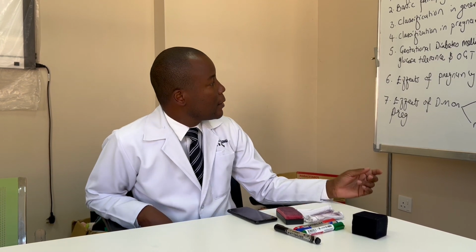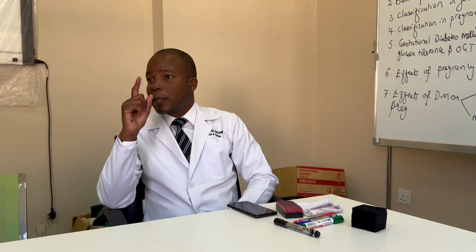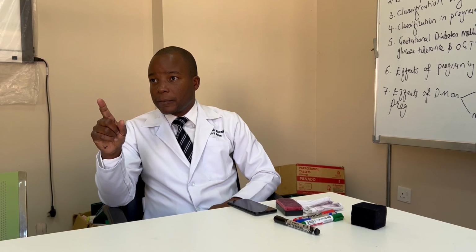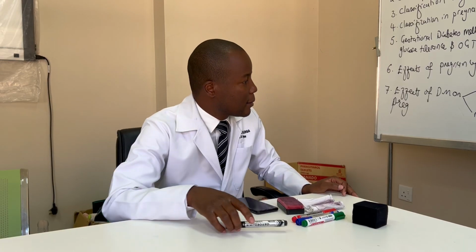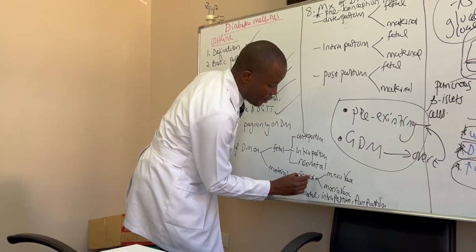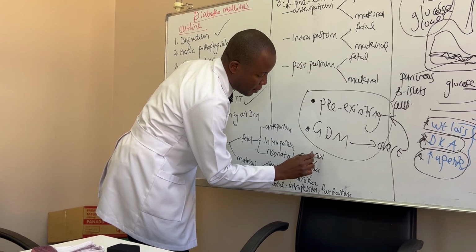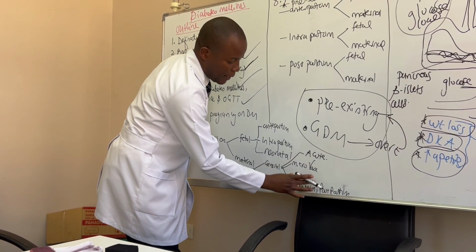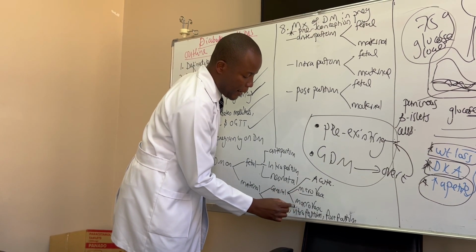Number two, the other effect of pregnancy on diabetes mellitus is to do with the emergencies. Now, the emergencies, again, I go back on this one. There are two types of emergencies. There is acute and the vascular. And under vascular, we have micro and macro.